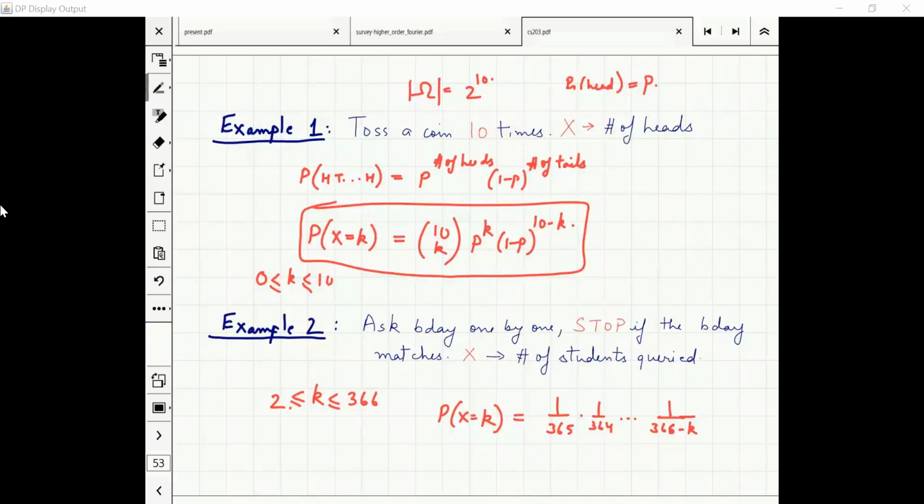Sir, it is a bit incorrect, I guess. For the last term, except for the last term, each time we have to choose a day which has not already been taken. So for the first case we can take any day, so the probability would be 1. Then for the second case we can take a day which is not taken, so we have to exclude the day which is already taken, so it would be 1 upon 364.